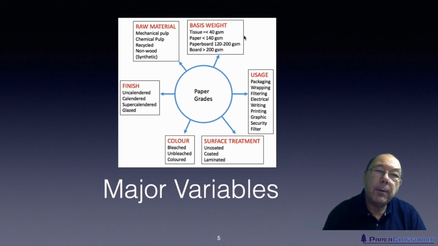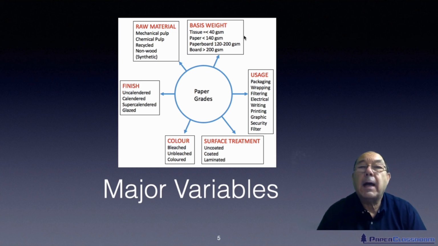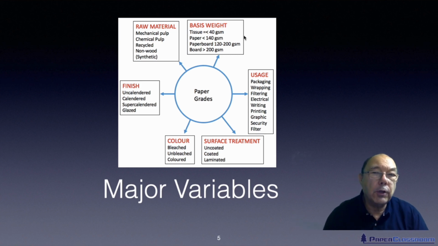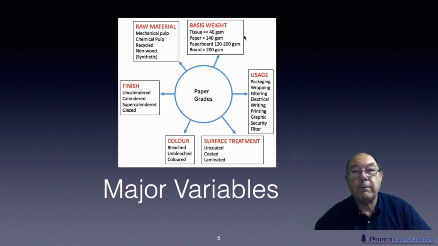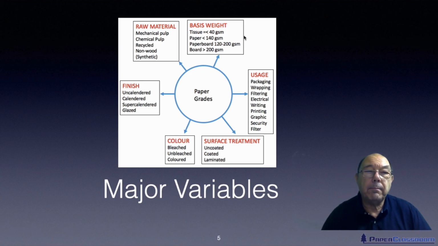Another way of selling paper is, what is it made from? Is it made from mechanical pulp? That'll have stiffness properties and it'll have some good printability properties for certain printing processes. Is it made from a chemical pulp, so it'll be whiter and brighter and not yellow as much? Is it made from recycled fibre because you're looking for an eco-friendly paper?